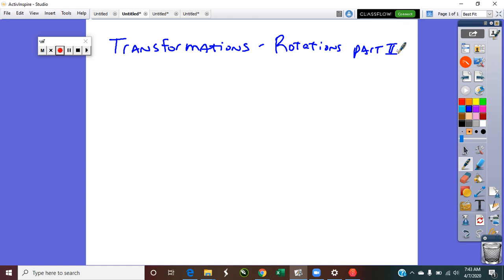Remember, if we go back to our definition of a rotation, it's basically a figure that is rotated about a fixed point. And we're talking about the fixed point being the origin here.